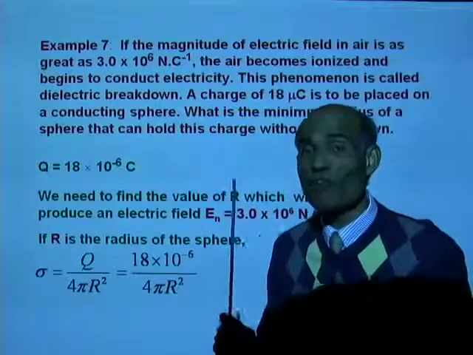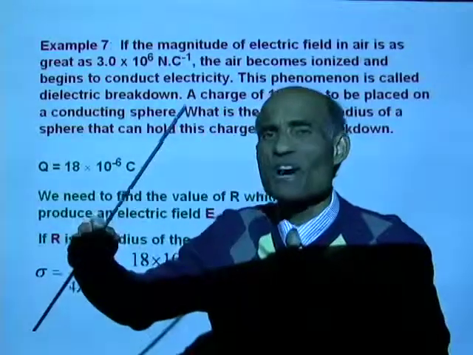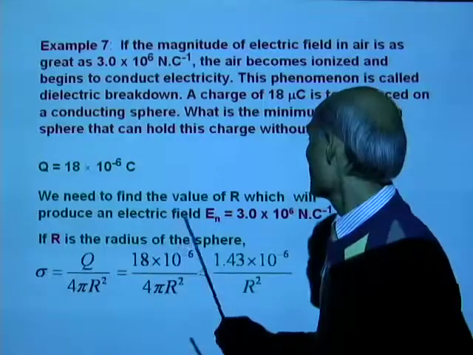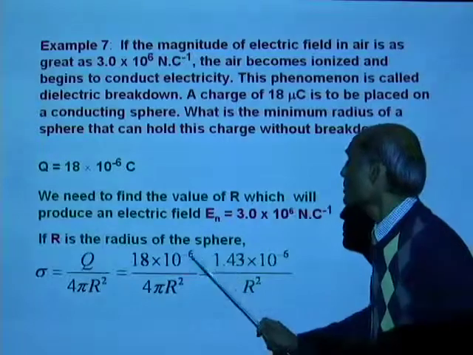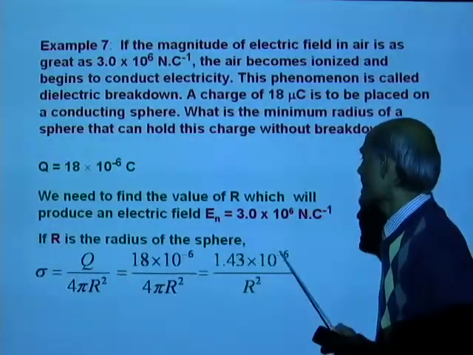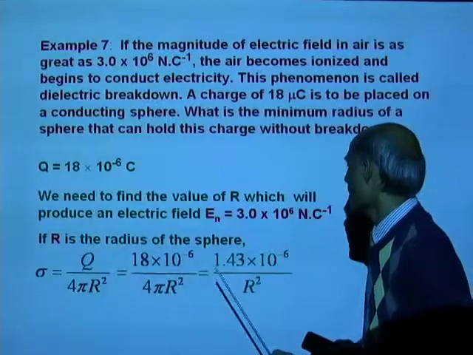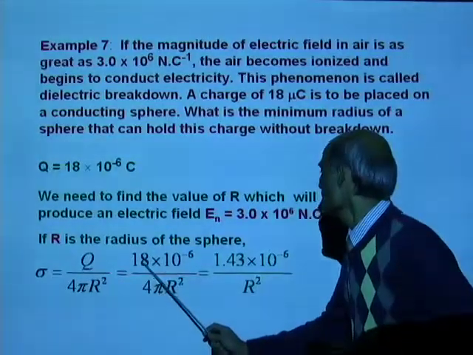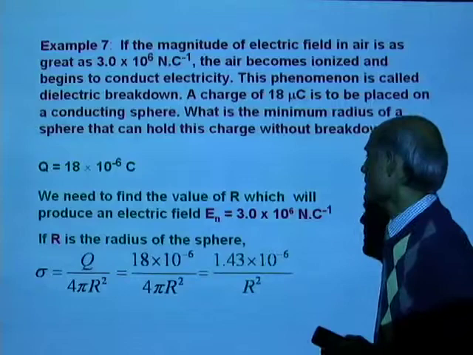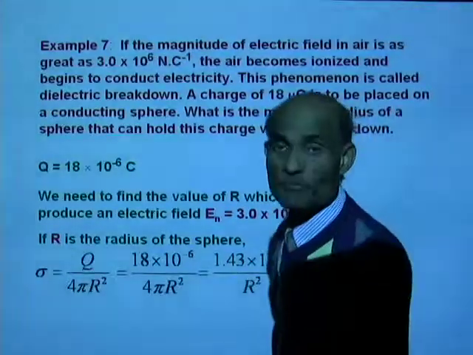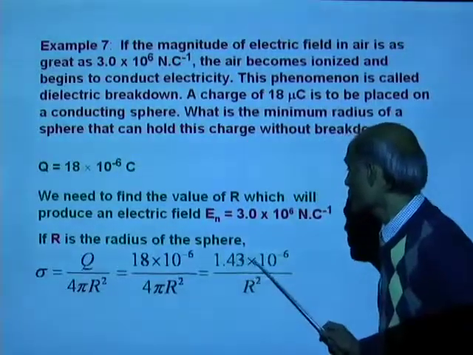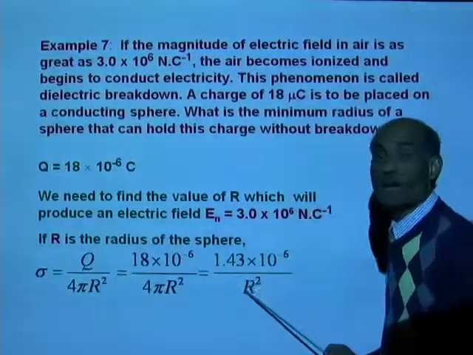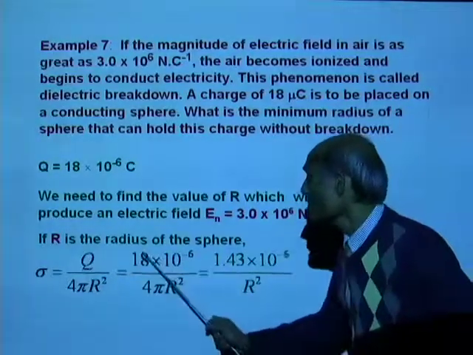And what is the expression for electric field just outside a conductor? I simplified this and I wrote it as 1.43 times 10 to the negative 6 divided by r squared. In fact, 18 divided by 4 pi, is that correct? Take a look. So sigma equals 1.43 times 10 to the negative 6 over r squared, where this 1.43 is 18 divided by 4 pi.